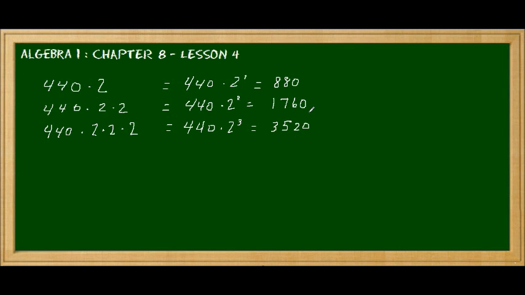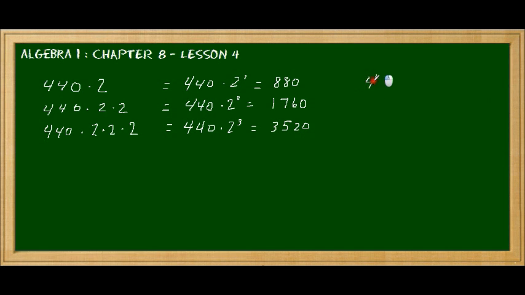Now let's just turn over and take a look. From the middle column of this table, it looks as if a formula for the frequencies of these notes is 440 times 2 to the n power. So that would be the formula in which n is equal to 1, 2, and 3, right? So we're going to put a variable in the exponent.